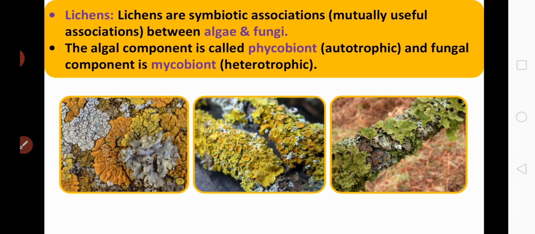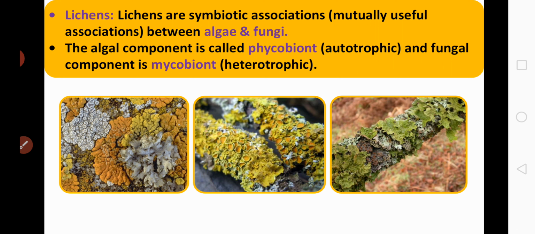Okay, once again I'll repeat. So lichen is nothing but a dual organism which contains both algae and fungi. So the algal partner in the lichen is called phycobiont, and the fungal partner is called mycobiont. The algal partner is autotrophic in nature, whereas the fungal partner is heterotrophic. Understood?